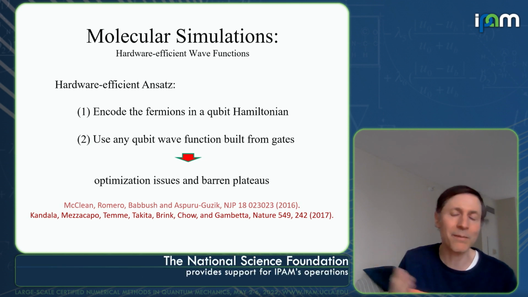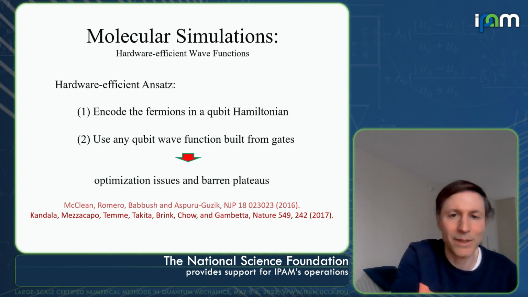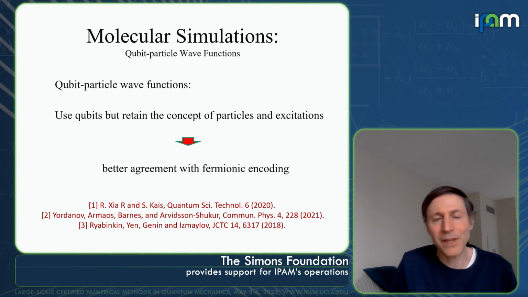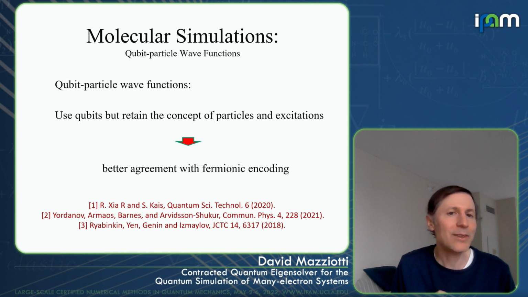And of course, we know from optimization theory that you need good search directions to really go towards the solution. Now, we can improve the situation by thinking about something called qubit particle wave functions. The idea is to use qubits, but to retain the concept of particles and excitations. So we use the qubits in a more restricted fashion, and we find that this has better agreement with fermionic encoding.